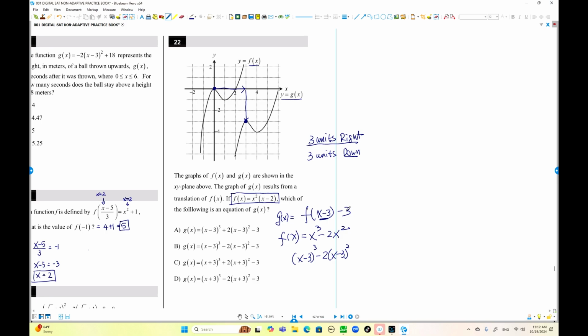And we have another one, move down by 3, so minus 3 again. That is g(x). So 3 units to the right, 3 units down. So where is the answer? Choice B is the answer.